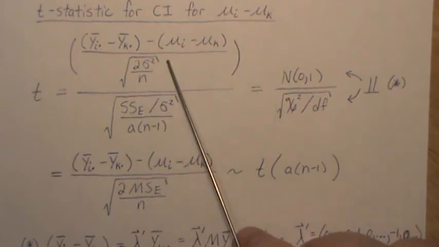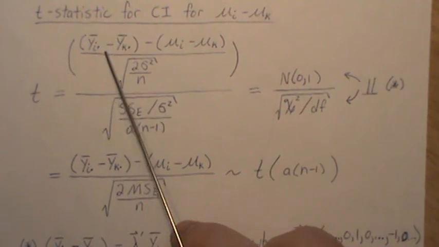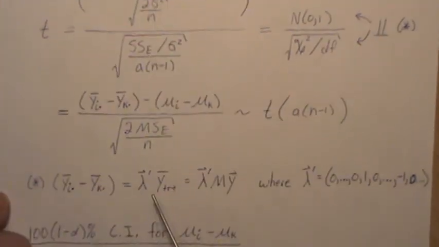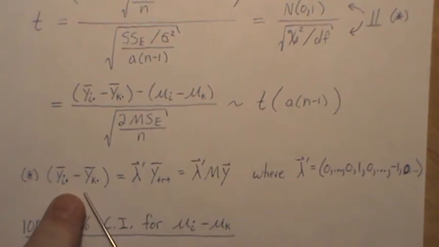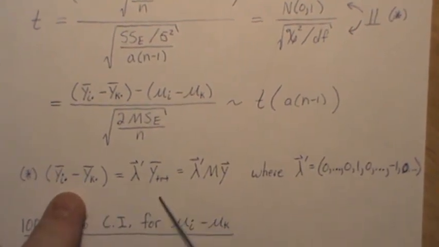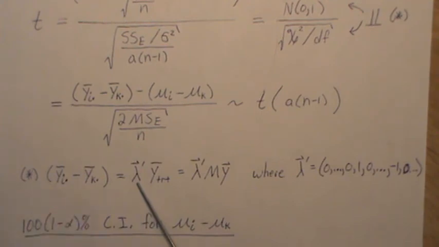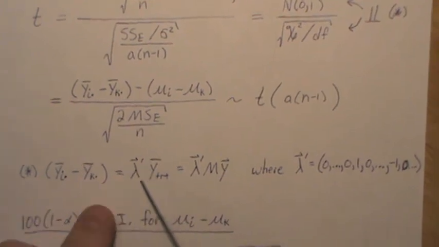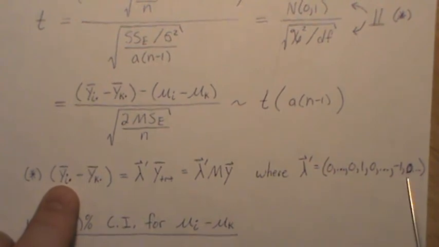Now let's check to see if the numerator and denominator are independent. Now this is the only random variable, and this is. So I like to recreate this in matrix form. So we take the mean vector and then create a lambda which has one component of 1 and another -1, and then the rest zeros. So when we do this product, it picks off the right means.